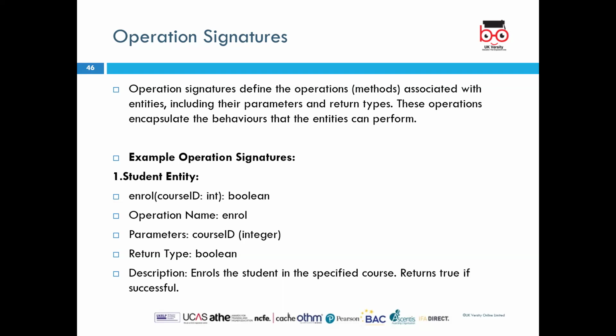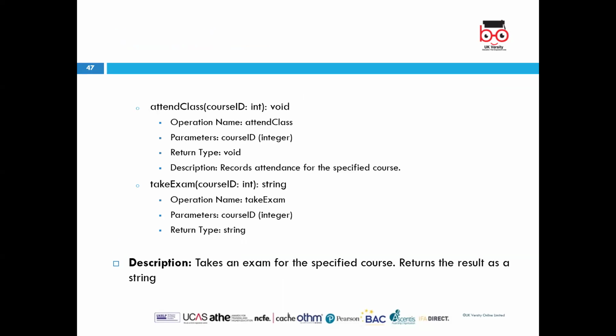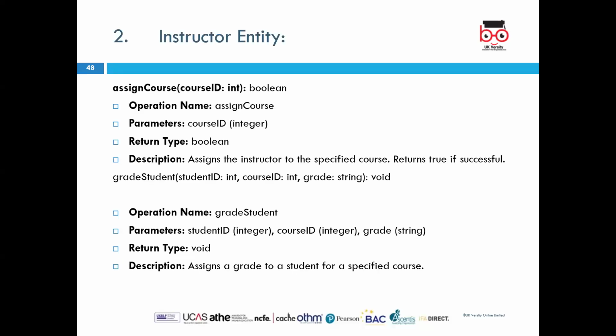Operation name, a role, parameters, course ID, which is integer, and our return type again is a Boolean, where we're going to check if it's true or false. Then the instructor entity.